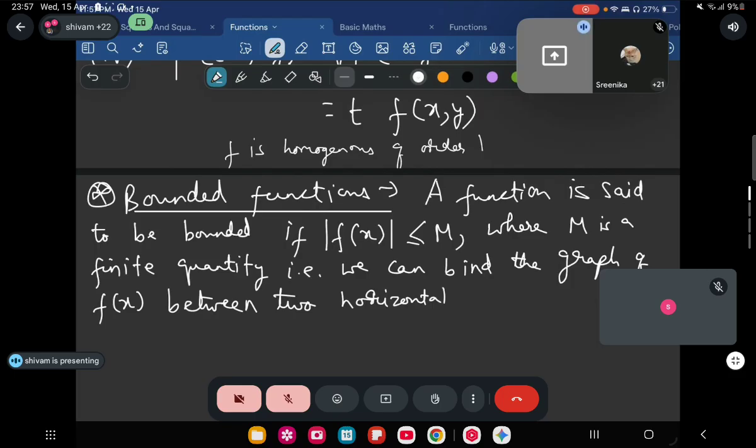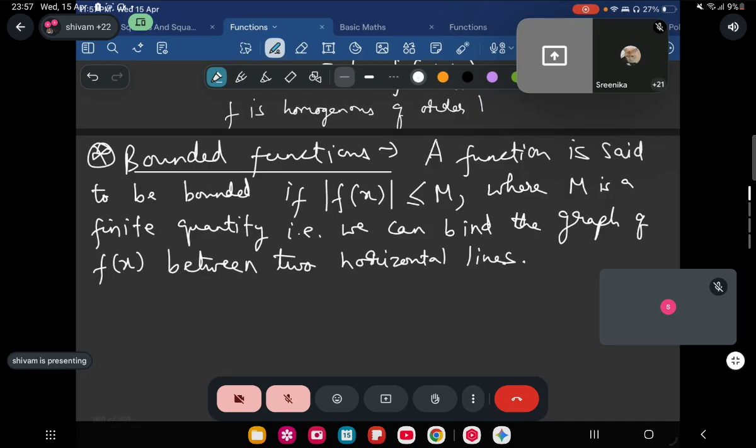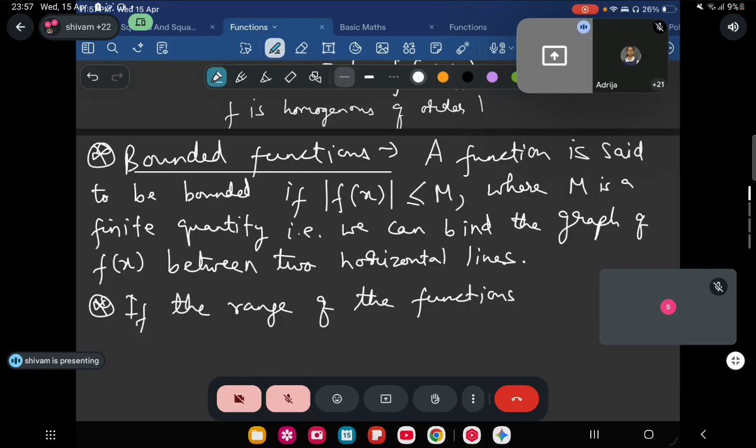Can you give me an example of a function whose graph we can bound between two horizontal lines? Tell me. f of x equals sin x, very easy. So everyone, if the range of the function contains infinity or minus infinity, then f of x is not bounded.